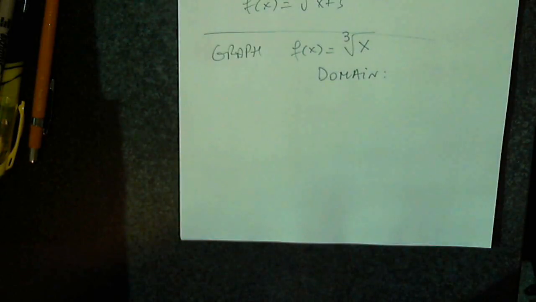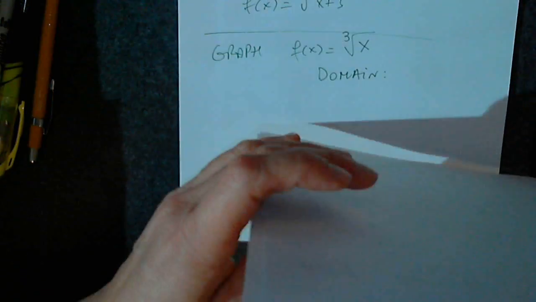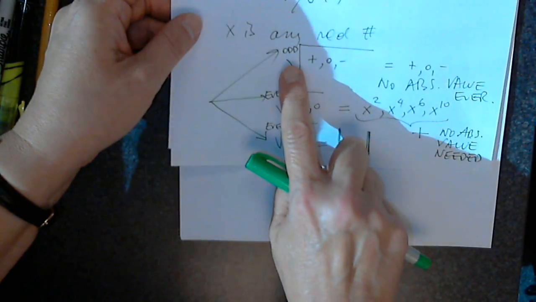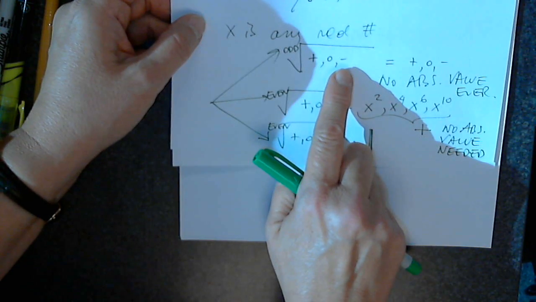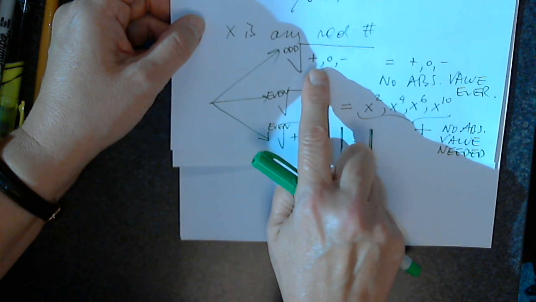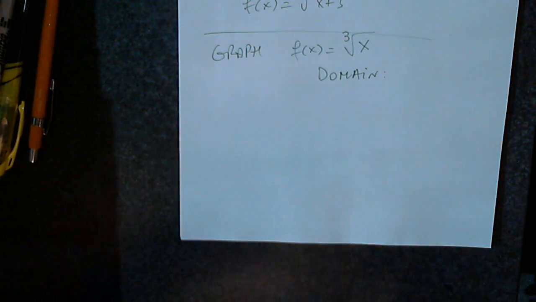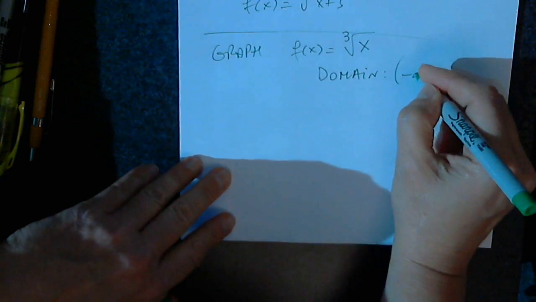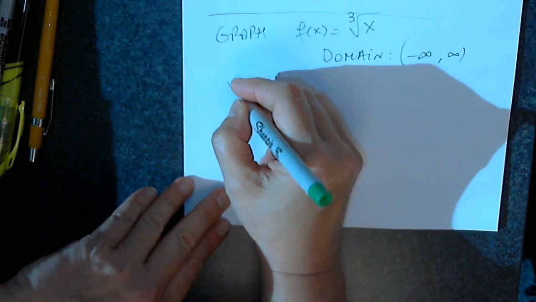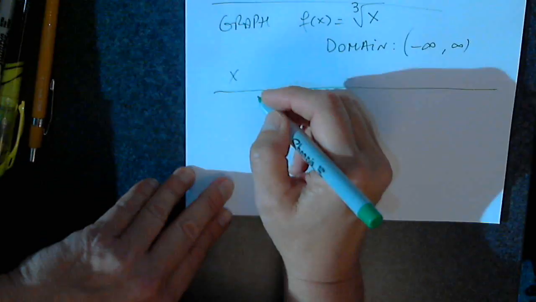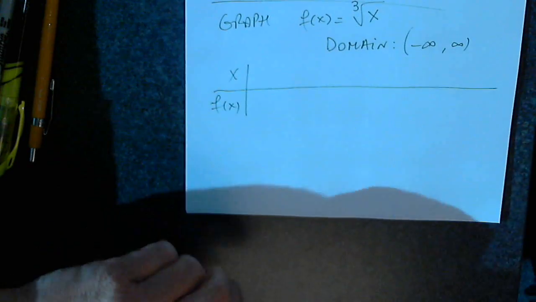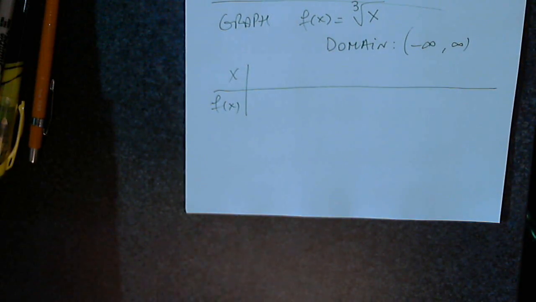If you remember, where did I write that? Right here. Look what I said about the odd index. Odd indices, no problems, no headache. They are so good to us. Friendly functions.